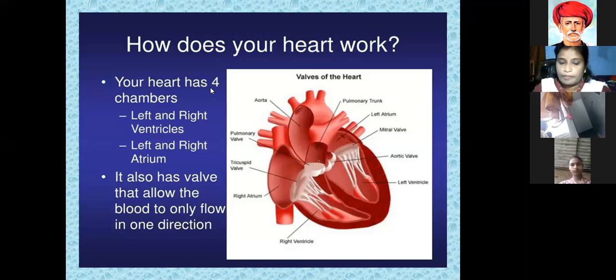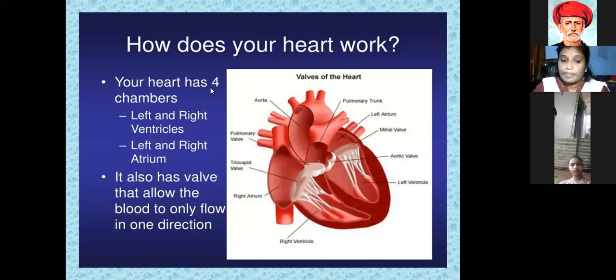Okay. Yes, the working of the heart. The heart has so many parts internally, as we already learned in the previous slide. In this slide, we look at how the heart works. The heart has 4 chambers: left and right ventricles, left and right atria or auricles.